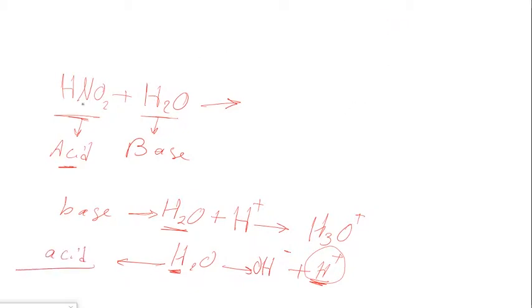For HNO2, if it reacted with water, because HNO2 is an acid, the water in that case will just act as a base, because its pK is higher than that of the acid, so this is why it will act as a base. So the H2O will accept one of the protons of the HNO2.